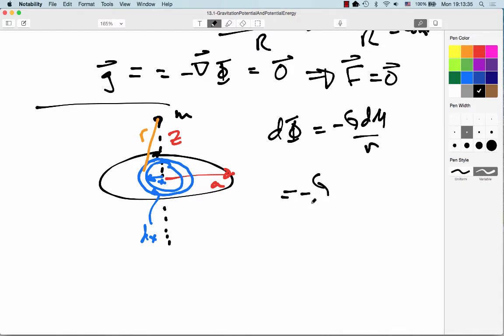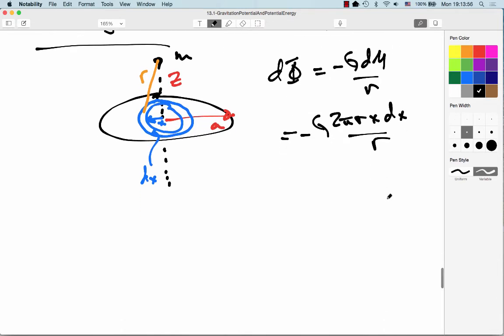There'll be minus G, so I need this area here times the surface area density, so that will be 2 pi sigma x. So 2 pi x is the circumference. We times it by the differential thickness dx. And then we're going to divide that by r.